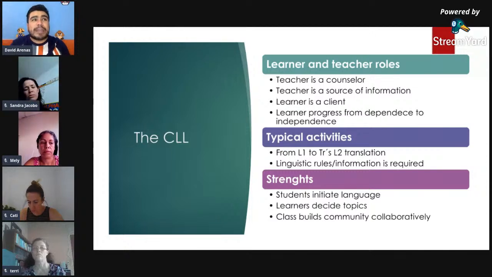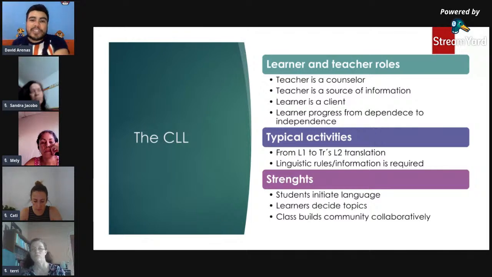wanted to respect the silent period that we had talked about before, and what students can produce. They are just there, absorbing everything, learning about the language to be able to talk in the future, right? So the students always started to produce language, but in their L1, and they were waiting for the teacher to translate this into the second language.